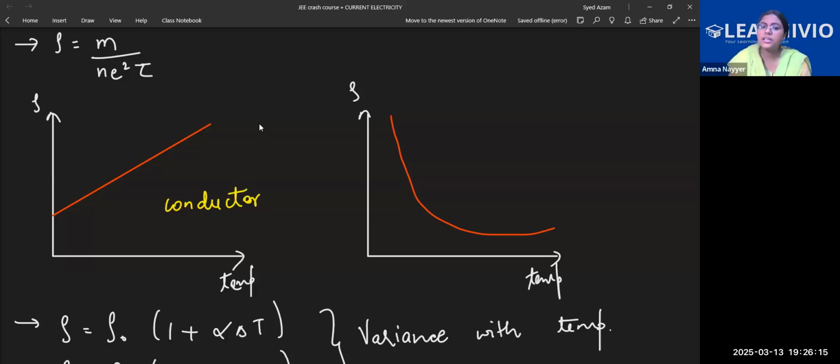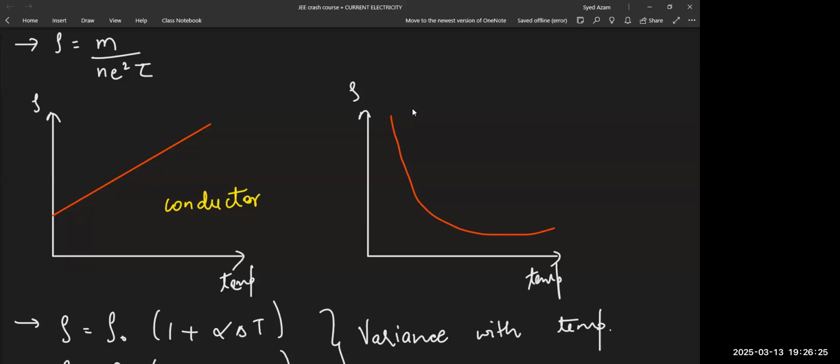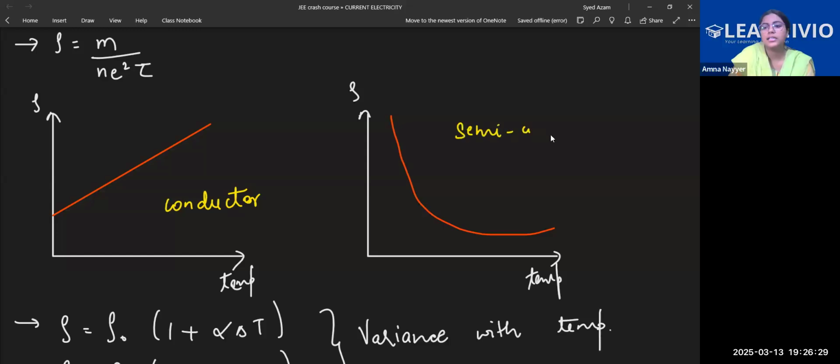So when the temperature increases, the resistivity increases. What about this? Which material is this? Semiconductor. Yes, semiconductor. These are semiconductors and sometimes these are used for insulators also. It's just that the graph will become steep. So these materials you need to identify.